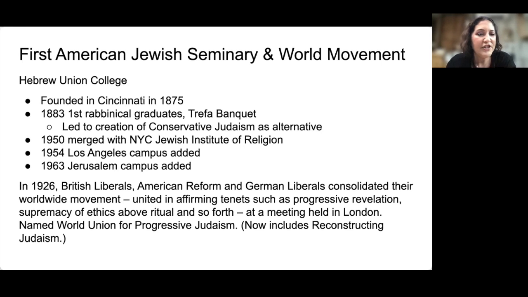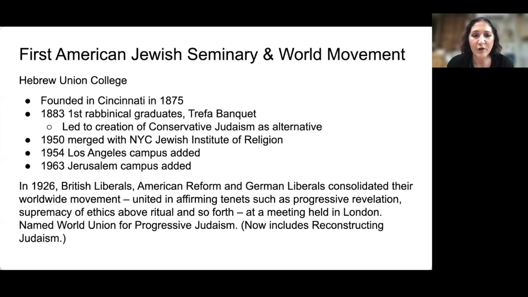So in 1883, they had their first rabbinical graduates, and this is the infamous Treyfa Banquet, in honor of their first rabbinical graduates. If you don't know about that banquet, they specifically served treyf food. They served shellfish, and they also served milk products right after the meat course.